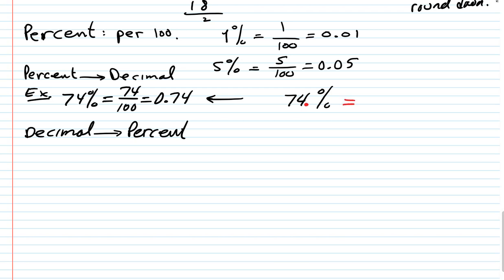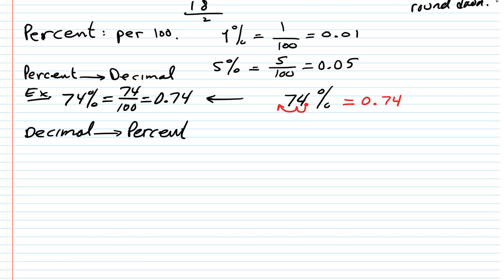So another way we can do this is simply with 74%, you can move the decimal to the left 2 places. So this is actually going to be 0.74. That's just moving the decimal, bypassing the middleman. Okay, so we don't have to necessarily go through fractions. We could. It doesn't take long. But that's another way we can do this. So you can think in terms of moving the decimal to the left.